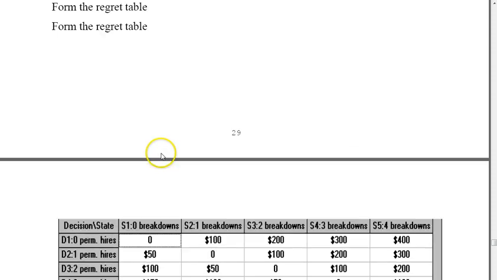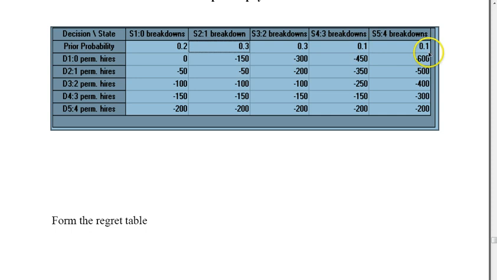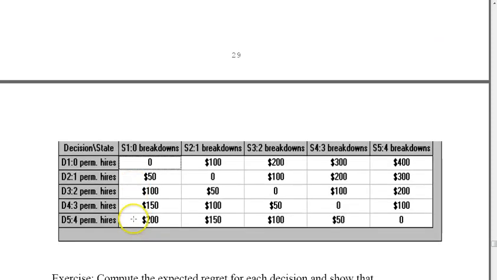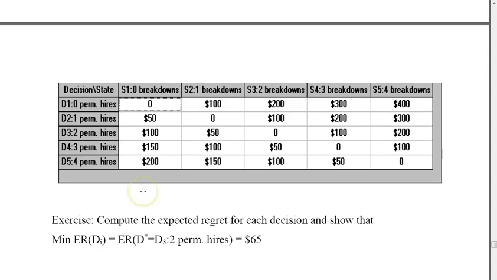And now I have the probabilities here, so I take those probabilities of the states of nature, multiply them by the corresponding regrets for zero permanent hires, and that gives me the expected regret of D1. Multiplying for this row, I get the expected regret for D2, and so on.